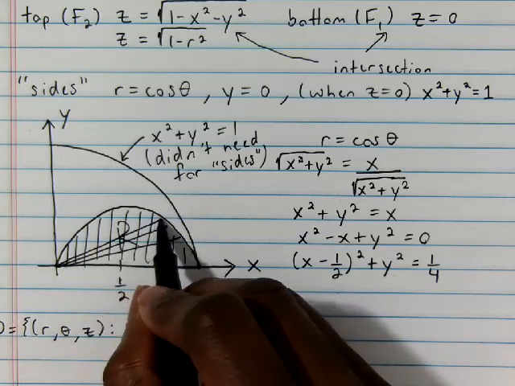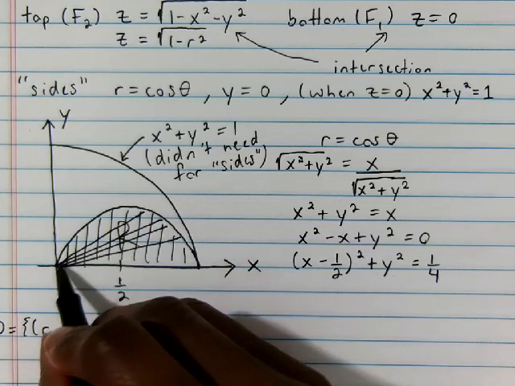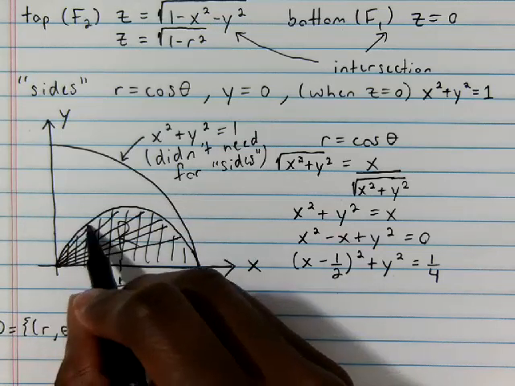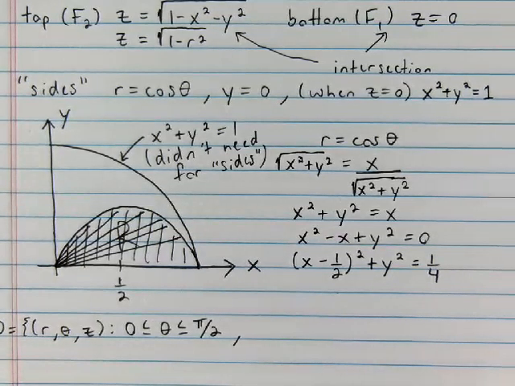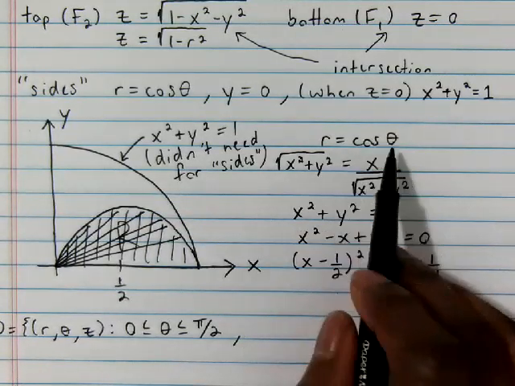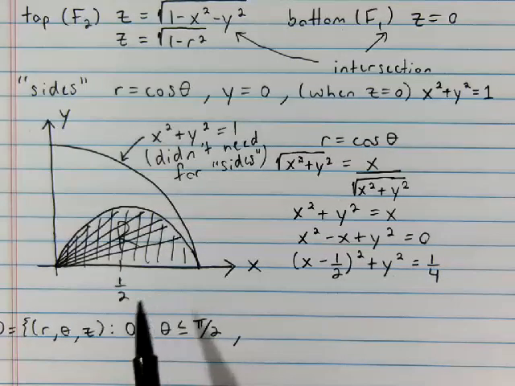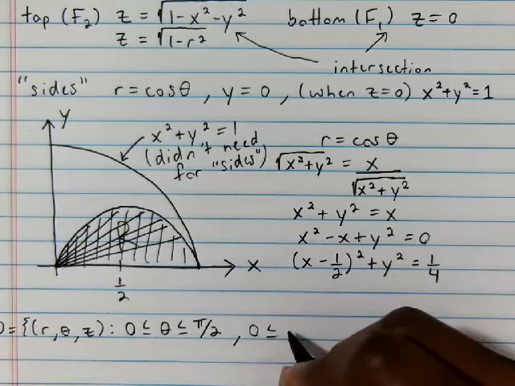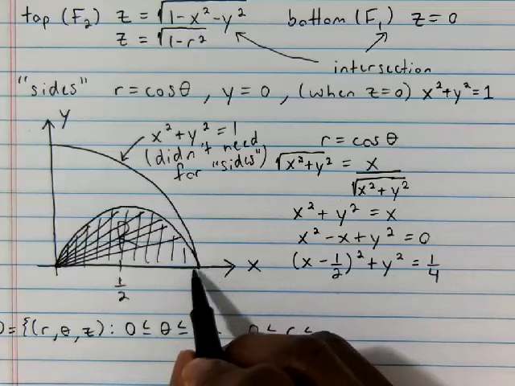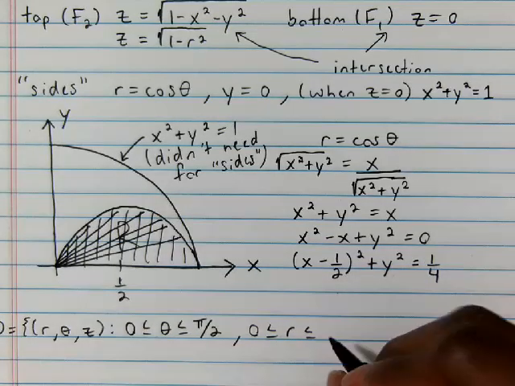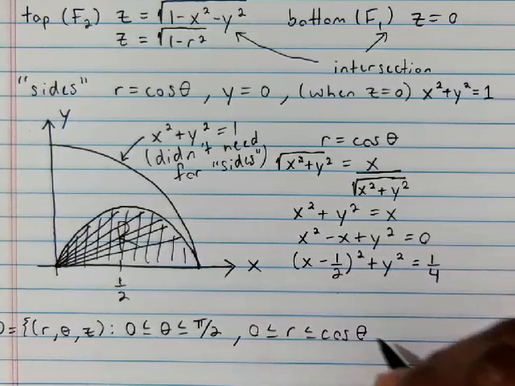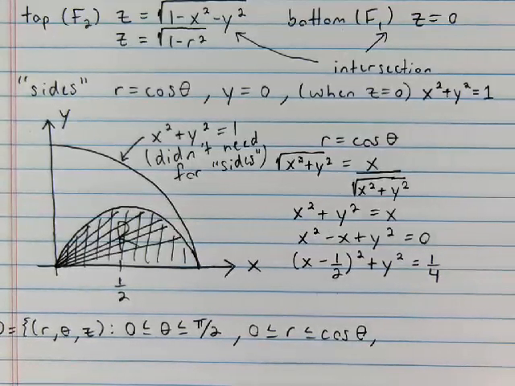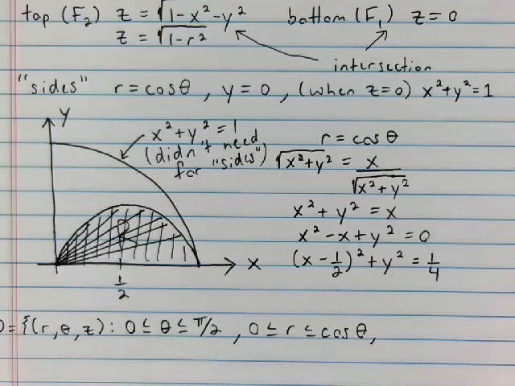It's our distance from the origin, and as theta changes, that distance changes. So our radius is a function of theta, which we have right here, but I'm just using the picture. The smallest our radius is 0, and the largest is governed by that curve, cosine of theta. And then lastly, our z's vary between 0 and the square root of 1 minus r squared.